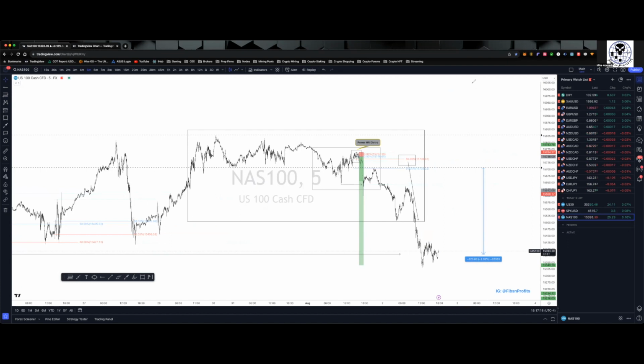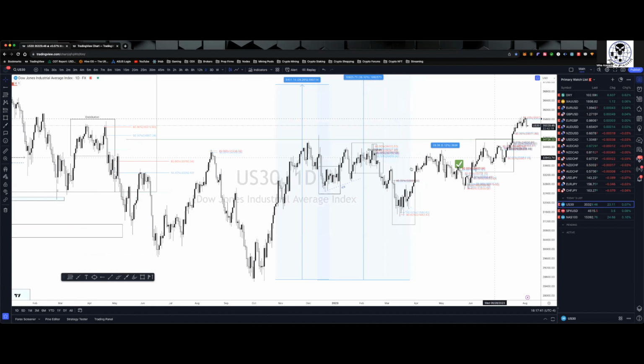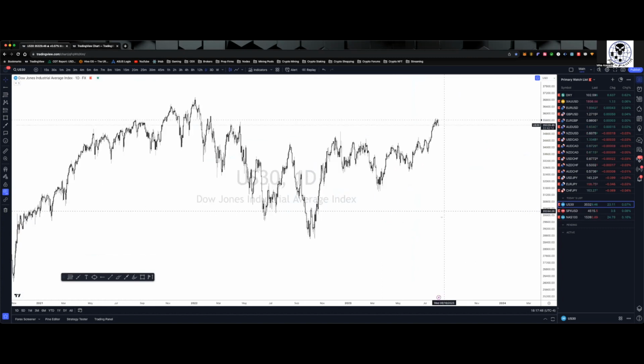What's your macro view for US 30? Do you see it coming at 32,000 at some point? I am anticipating US30 to go, let's see, I would like to see US30 at minimum coming into here, which is that like 33 to upper 32s.